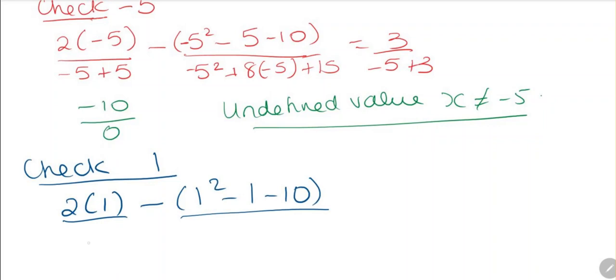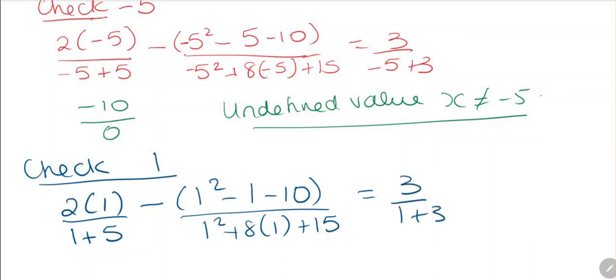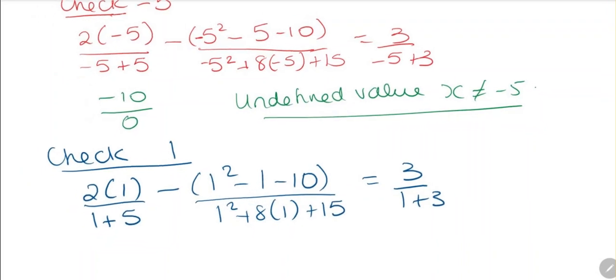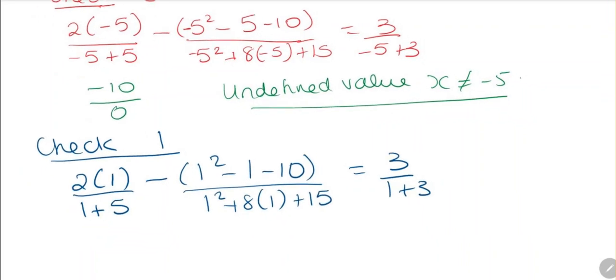And these are divided by 1 plus 5. And on the bottom we have 1 squared plus 8 multiplied by 1 plus 15. And this is 3 over 1 plus 3. So we have 2 over 6.